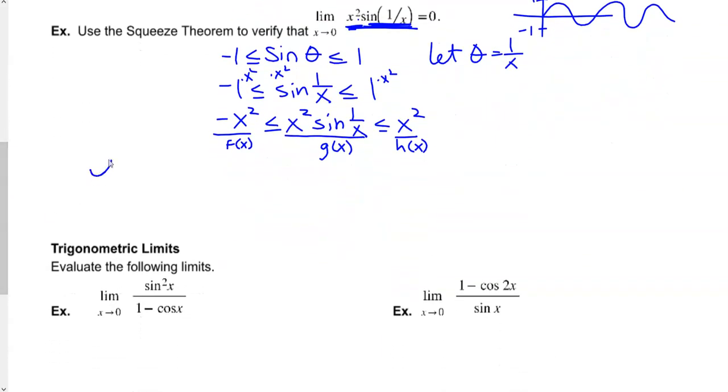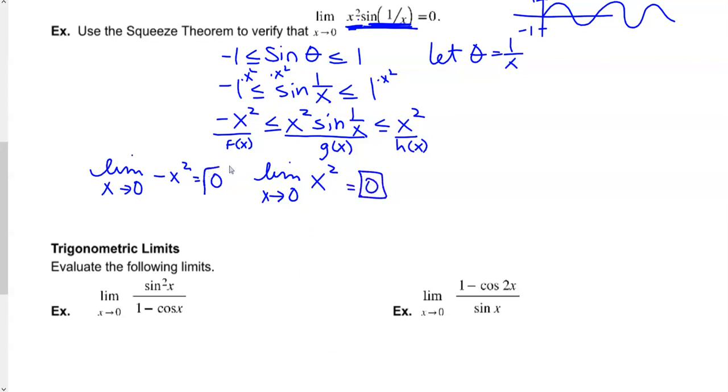So I'm going to say, okay, what is the limit as x approaches this a value of 0 of my f function, which is negative x squared? Well, that's one I can plug the a in. 0 squared and the opposite is still going to be 0. What now is the limit as x approaches that 0 of the largest function? And that function is just x squared. So when I plug 0 in and square it, I also get 0.